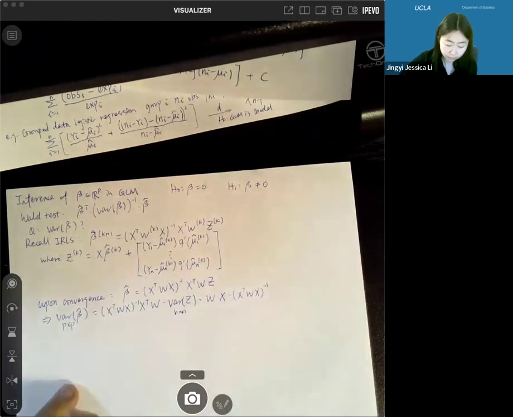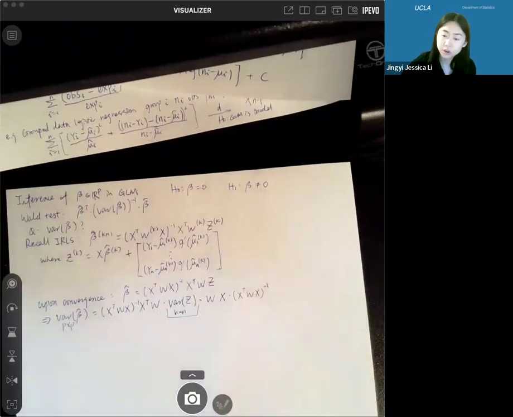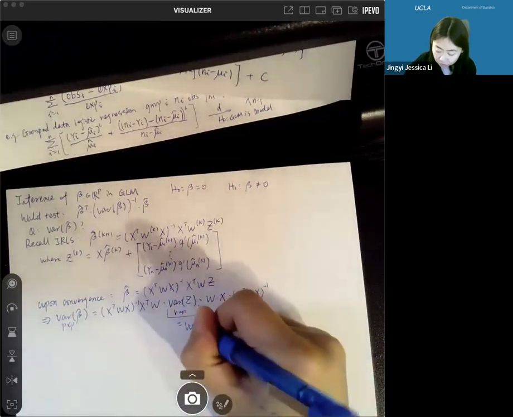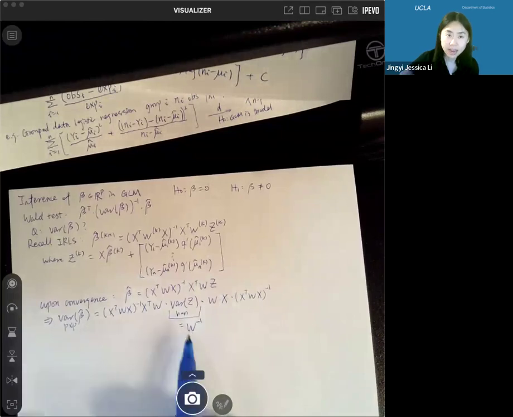Okay. All right. And then don't forget that we have this property, which we talked about in our last lecture. You can go back and check if you don't remember it anymore. That is, this variance covariance matrix of Z is W inverse. Remember, W is a diagonal matrix, and each diagonal entry Wi is 1 over the variance of Zi.